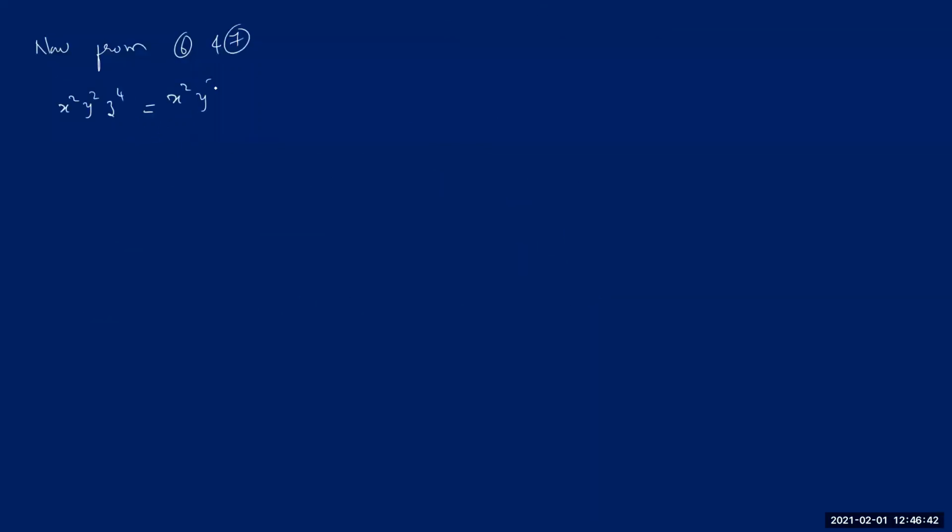Again you can cancel x square. Then if you cancel z power 3 on either side, you get one z on the left hand side, and then you can cancel y square on both sides, so on the right hand side you will get a y. Let me give this as equation 9.